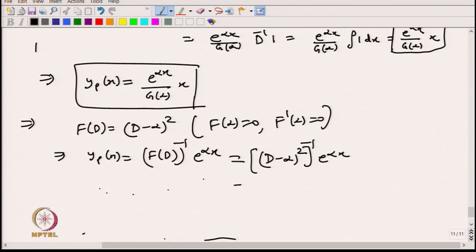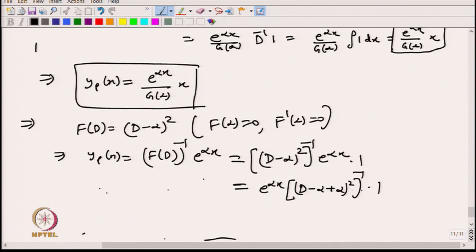Now, I will apply the shifting operator and operate on 1. So, this one I can write as e^(alpha x). Now, I am using the previous form. So, it becomes (D minus alpha plus alpha) square inverse into 1.